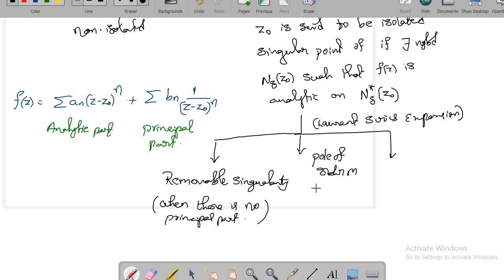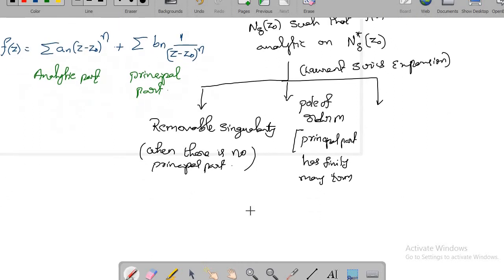Okay, so here in this case, the principal part will have a finite number of terms, finitely many terms, and the maximum order is m. So then in that case, we call it a pole of order m.